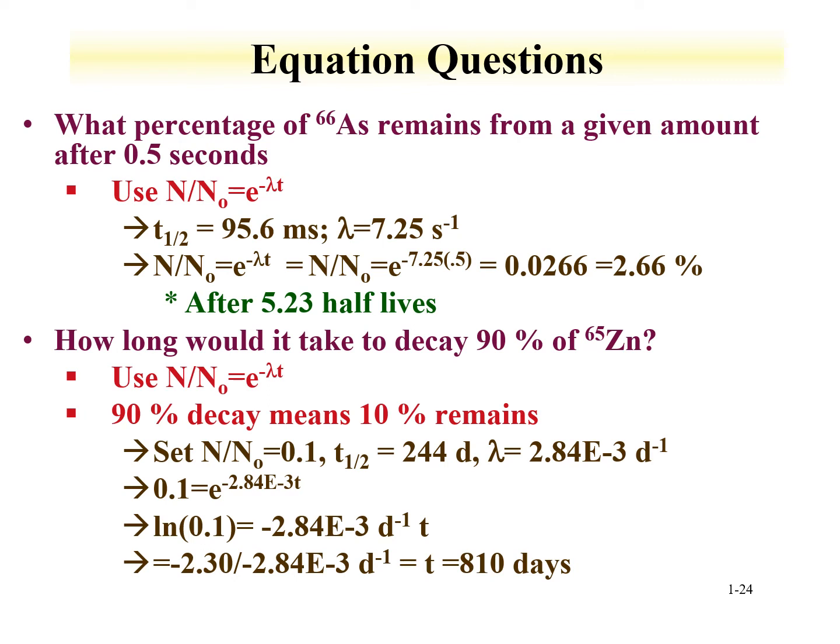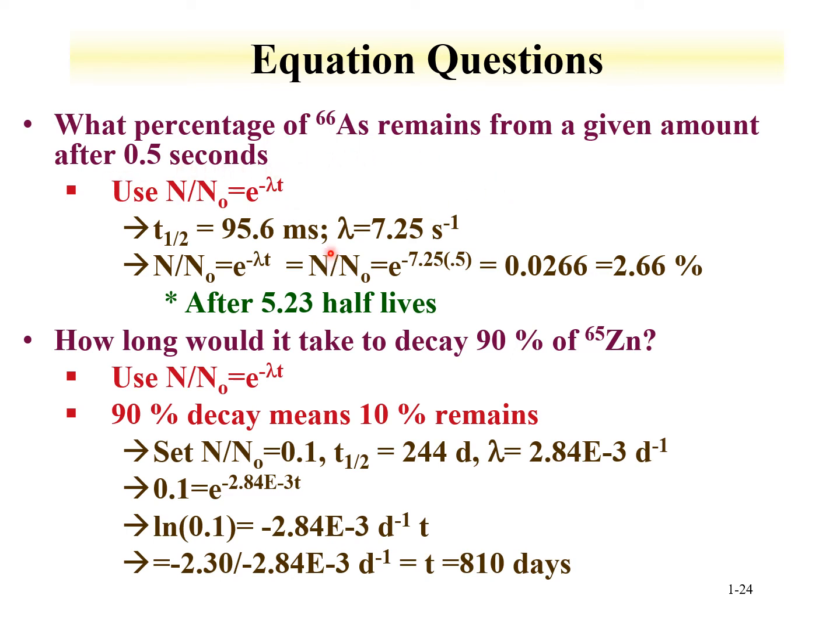Other examples of equations and reactions and decays you should be able to understand from this first lecture are shown here. So for instance, if you're given a certain isotope, arsenic-66, figure out how much of that isotope remains after a given time, half a second. So how would one do that? If just a percentage, well, use the equation where I put in N naught, that's my initial amount. N at time t is this N value here. I know that I want to figure out what that percentage is, or that ratio at the given conditions shown here.